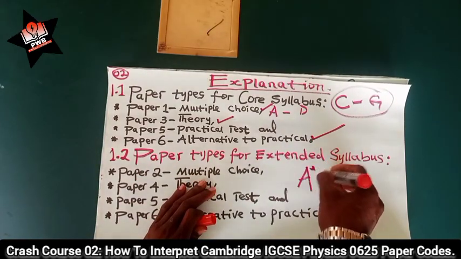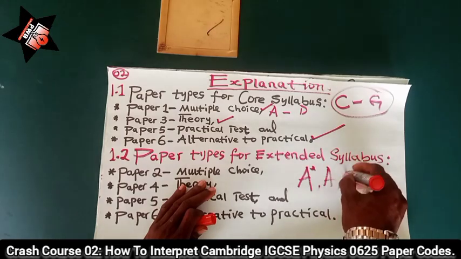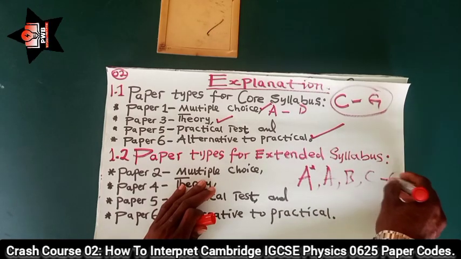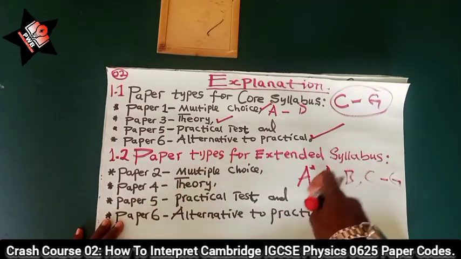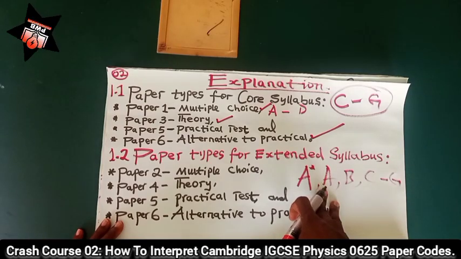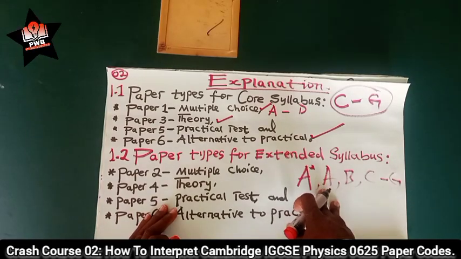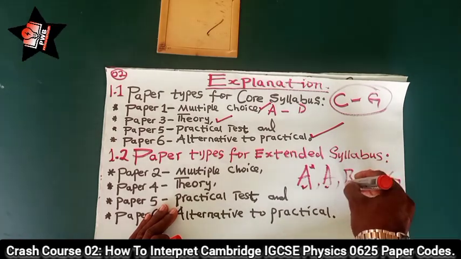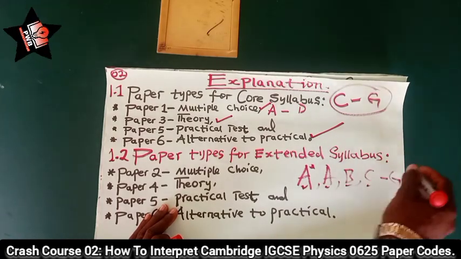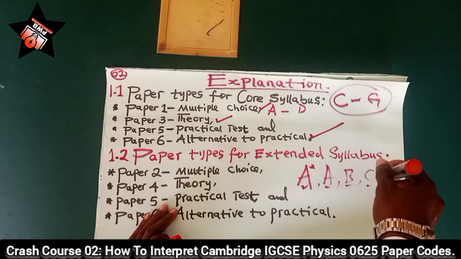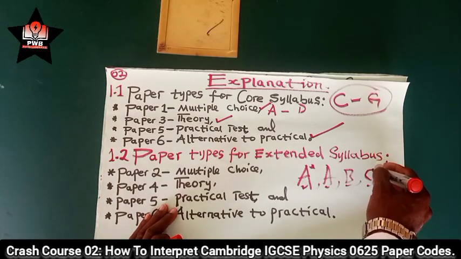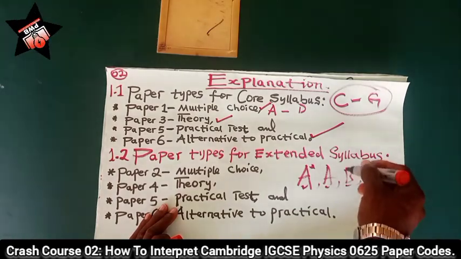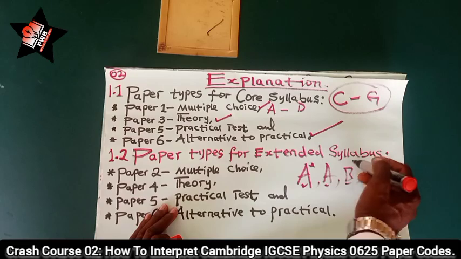You have A star, A, B, C, down to G. These are the grades you get here. But we have been teaching in my school, and to be honest with you, our candidates produce A star, A, B, and very few of them get C. In fact, I have not personally produced results with a C grade. It has either been A star, A, or B.